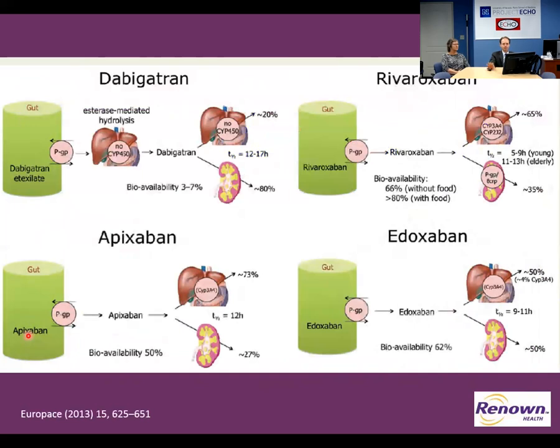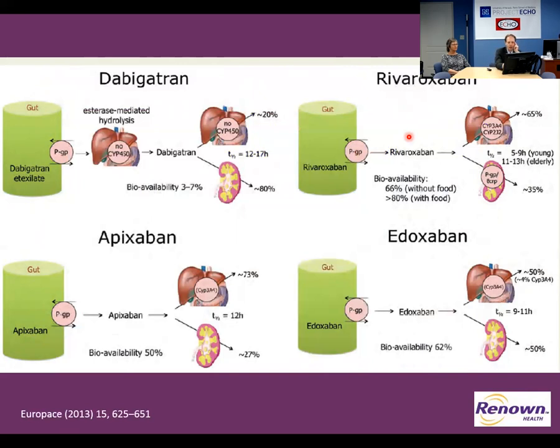So all of these agents are at least partially metabolized by the cytochrome P450 system, but they're absorbed from the PGP receptor in the intestinal mucosa. What's important to know about that is that, especially in the case of rivaroxaban or Xarelto, the bioavailability of the drug is extremely variable with food.